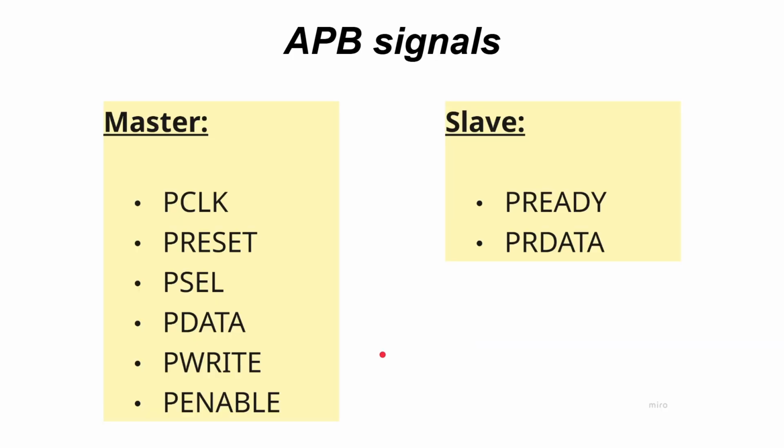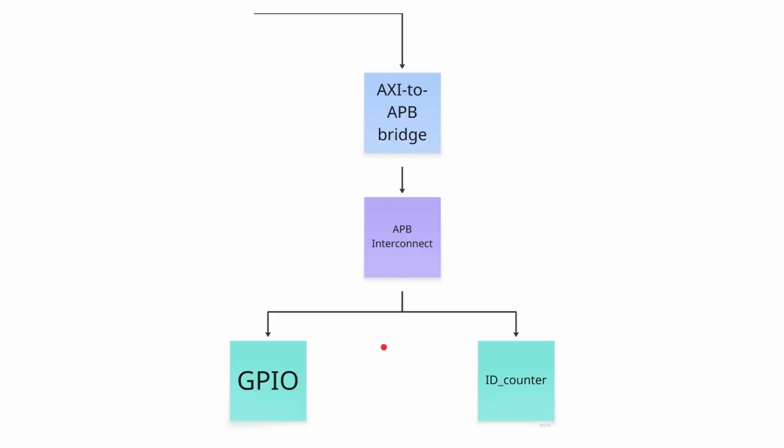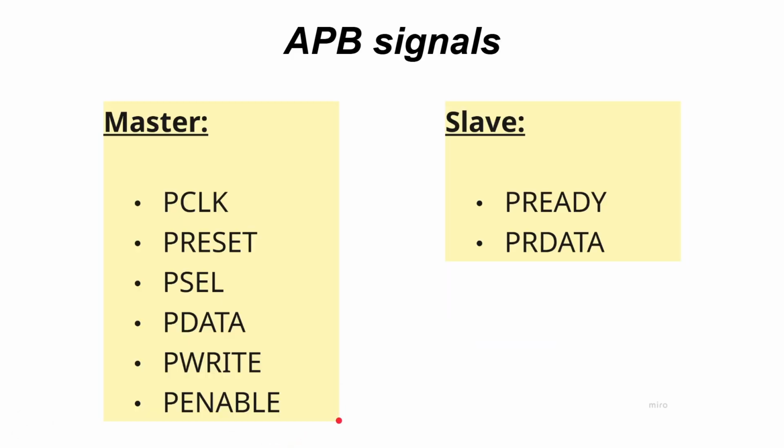We consider the APB bridge and the interconnect as the master of the APB, and the peripherals as the APB slaves. Here the master has 6 signals as major signals and the slave has 2. There are multiple other signals too, but we are just taking a good look at the basics, and we will go deeper into it later.